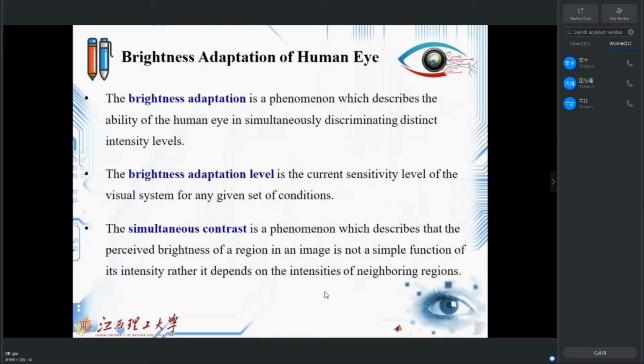Then something will come to the picture: how we can adjust and adapt to the brightness inside of the eyes.